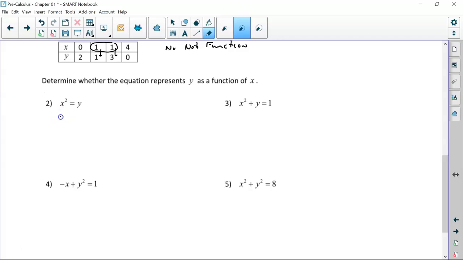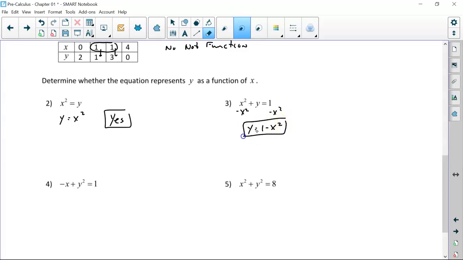So let's rewrite this, just y equals x squared. So yes, y is a function of x. Yes. For number 3, we're going to get y by itself so we can subtract x squared from both sides. Y equals 1 minus x squared. So yes, y is a function of x.